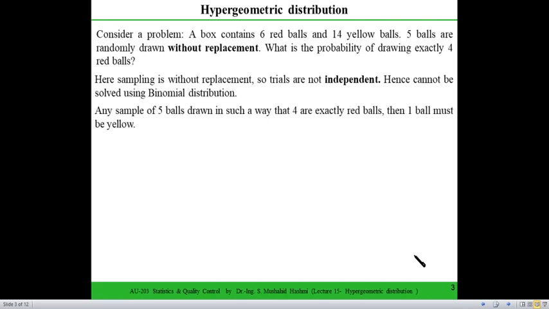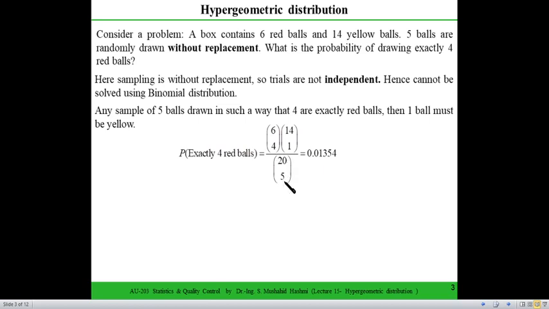How do we calculate it? We are picking 5 balls and we need 4 red balls out of those 5, so one ball must be a yellow ball. The probability of getting exactly 4 red balls: the total possible events is that you have 20 balls altogether, and you need to pick 5.